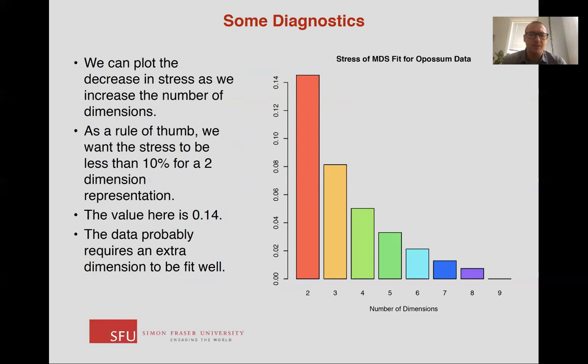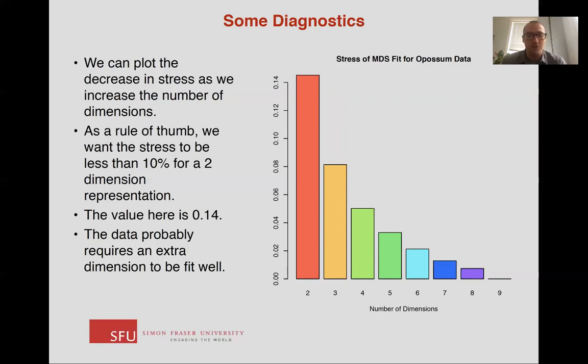So we said that the function we're trying to minimize is called the stress. So we choose these points, or locations in the lower dimensional space, to minimize the stress. And so if we choose 2 dimensions, we will do the worst, right? But then as we add more dimensions, we'll be able to lower the stress.